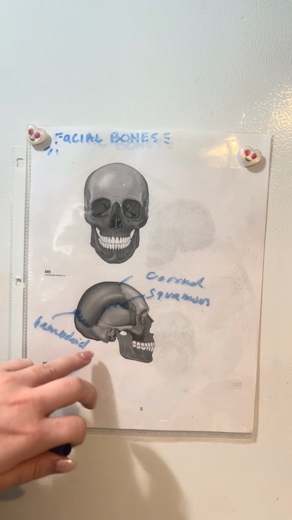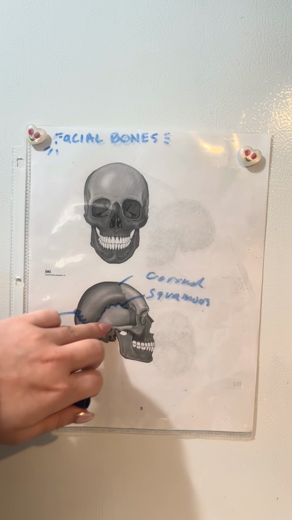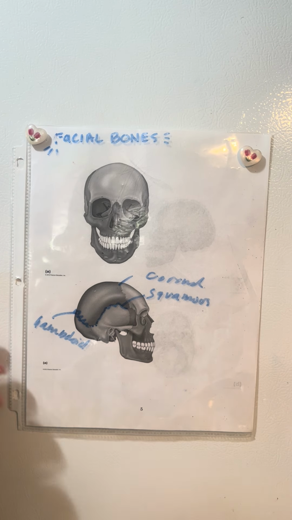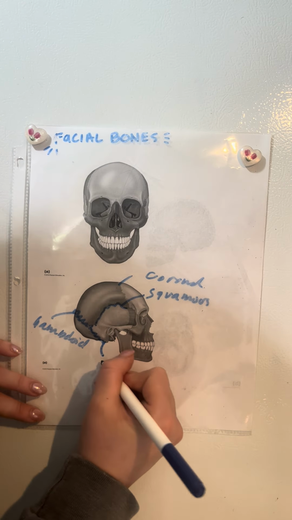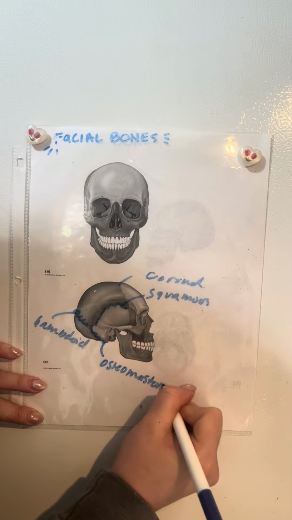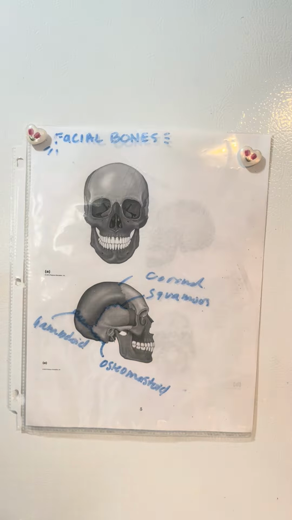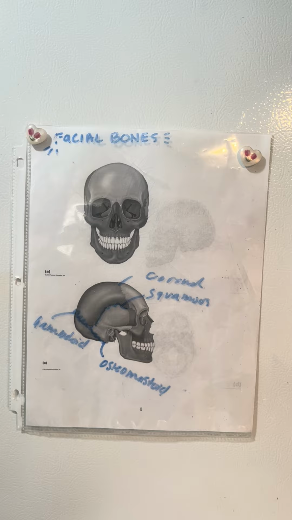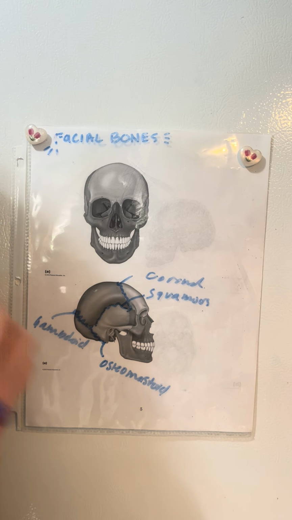And then we also have a part of the bone right here. This comes off of the back of the occipital bone and meets with the temporal bone. And this one is called the occipitomastoid suture. These all end in the word suture, obviously, but I just wanted to show those because those are probably my favorite part of the facial bones, showing where they meet together like puzzle pieces.